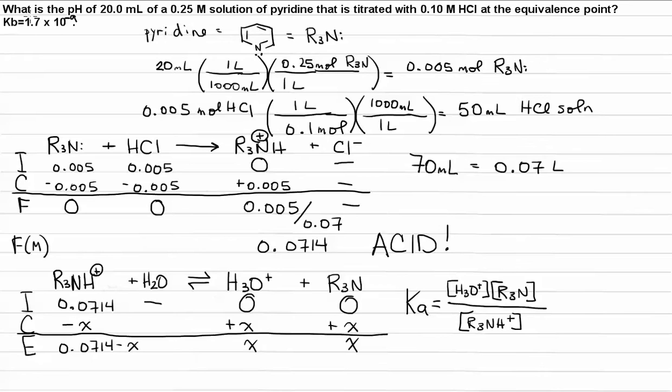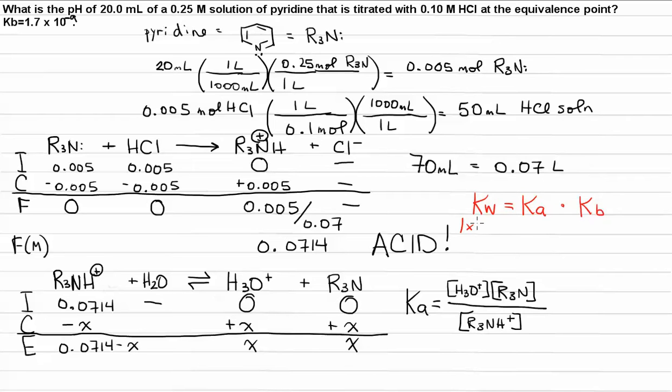So I zoom back up here to show you that we have a Kb. We know what the Kb is for pyridine. Remember, this is an easy one to forget, but it's super important. Kw is equal to Ka times Kb for conjugate pairs. So since we know the Kb for pyridine, we can calculate the conjugate's Ka.